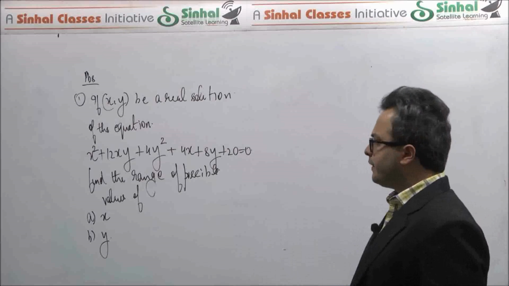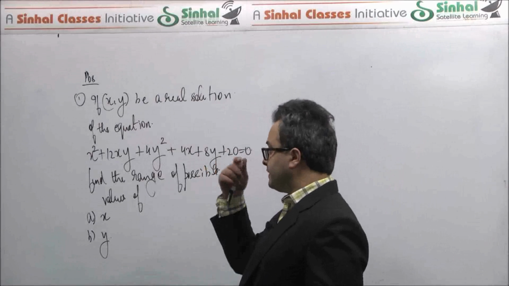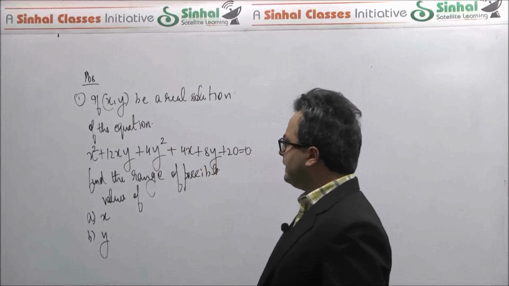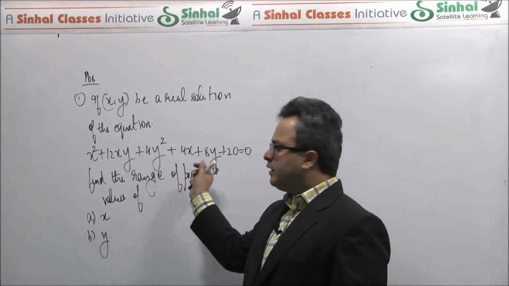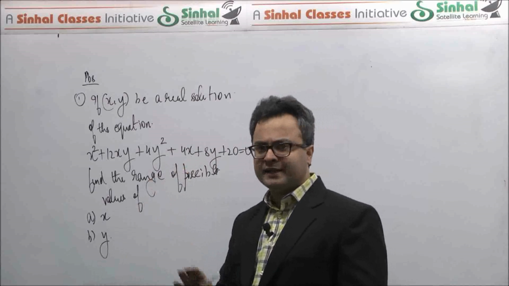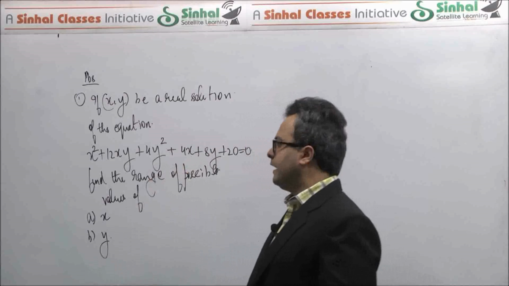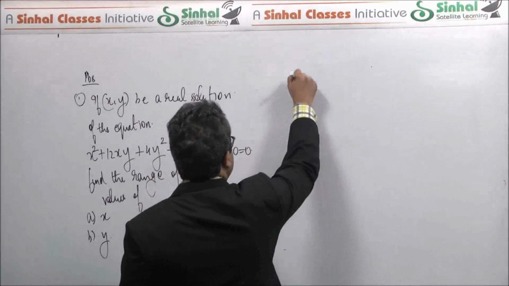Right, so suppose this is the question. (x, y) is given to be a real solution of this particular equation. And given that x and y are constrained or are related by this particular relation, you want to figure out the range of values that x and y can respectively take, right? So we'll first try to find the range of values that x can take.